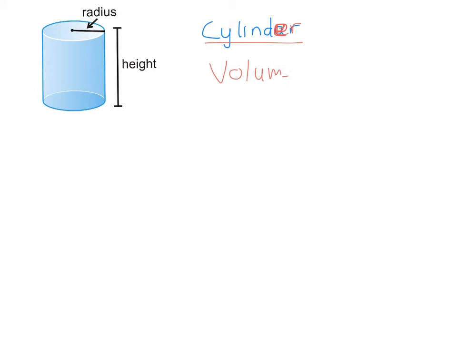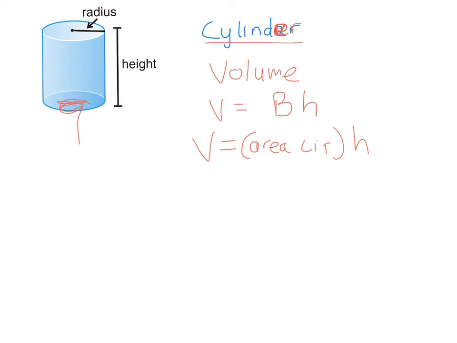In this case, the volume of the cylinder is equal to the area of the base times the height of the cylinder. And with a cylinder, this is the base, and the base on the bottom is the same as the base on the top. So the base is a circle. So what we're really doing is taking the area of this circle and then multiplying it by the height of the figure. So to do area of a circle, we have to do pi r squared, and then we multiply that times the height.